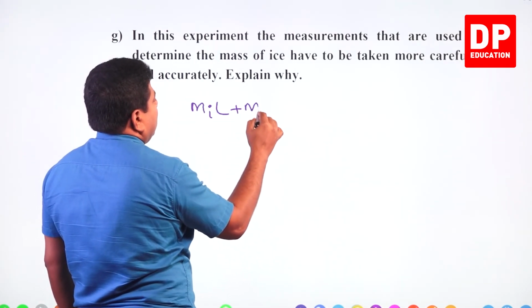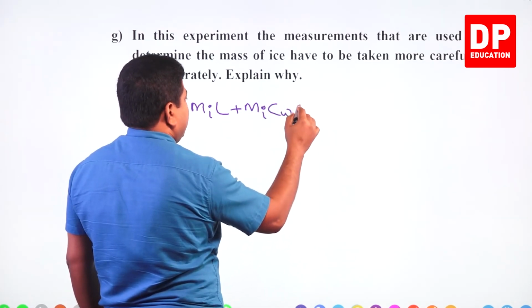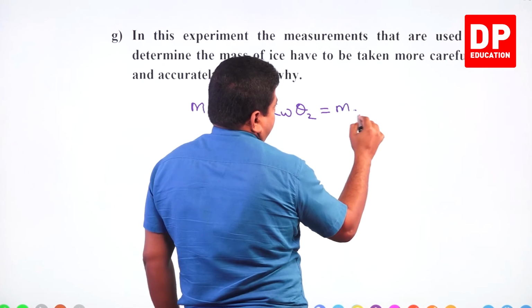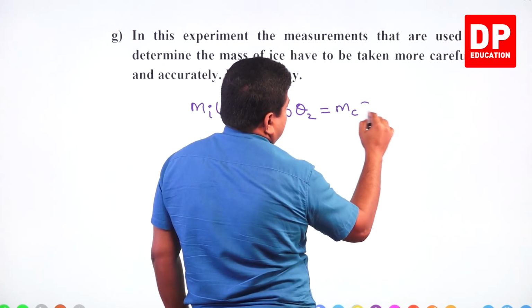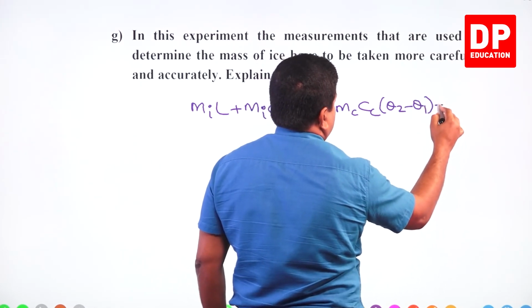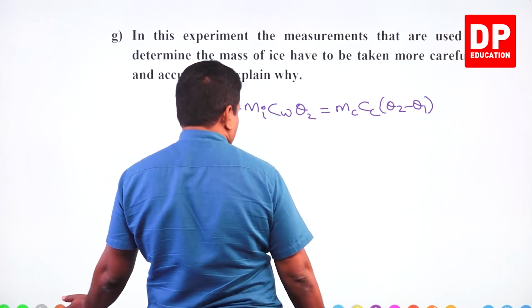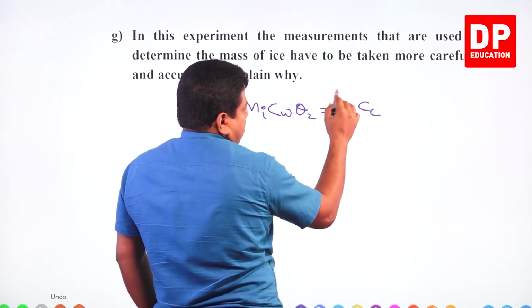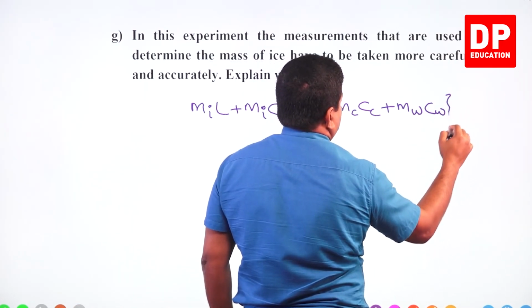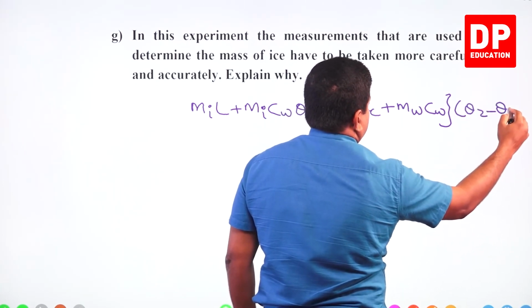M_i L, M_i C_w theta, M_c C_c (theta 2 minus theta 1), or theta 2 minus theta 1 I can take common, M_w C_w (theta 2 minus theta 1).